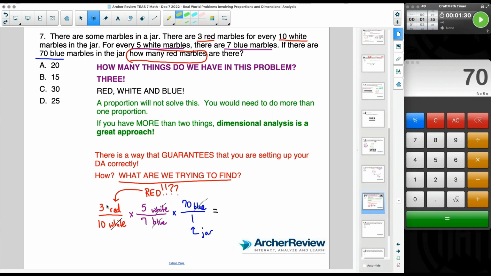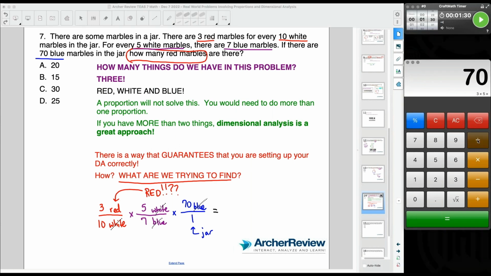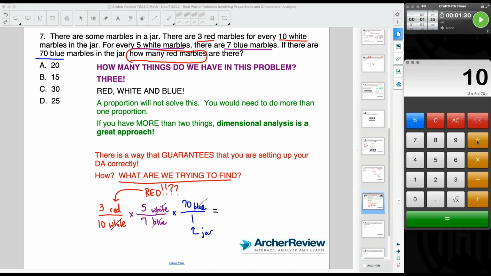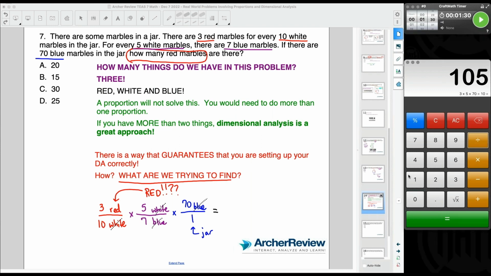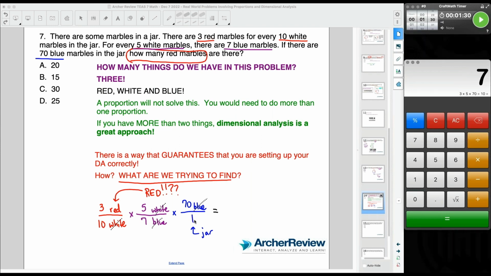I've already done 3 times 5 times 70. I'm going to press divide. I'm going to type in a 10 because that's one of my bottom numbers. And then I'm going to press divide again, and I'm going to type in a 7 because that's a bottom number. You can press divide again if you want, but you're wasting your time. There's no need to enter the 1s in.